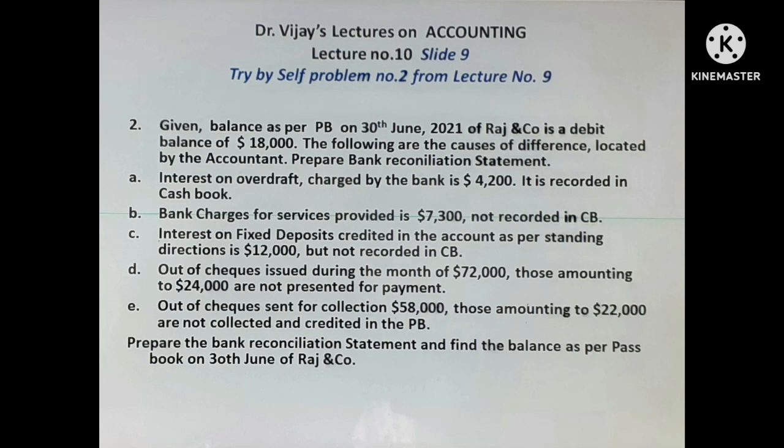D. Out of checks issued during the month of $72,000, those amounting to $24,000 are not presented for payment. E. Out of checks sent for collection, $50,000, those amounting to $22,000 are not collected and credited in the passbook. Prepare a bank reconciliation statement and find the balance as per passbook on 30th June of Rajan and Company.